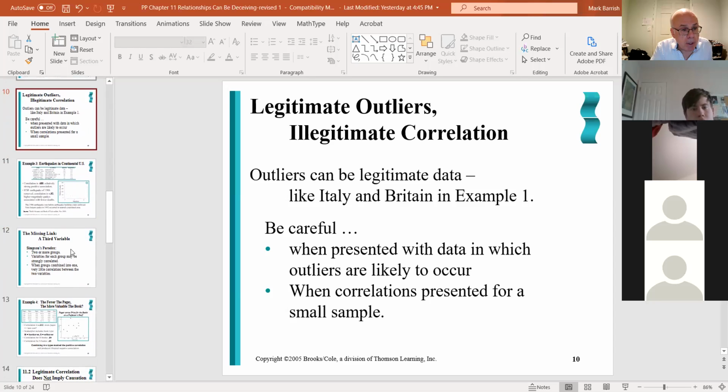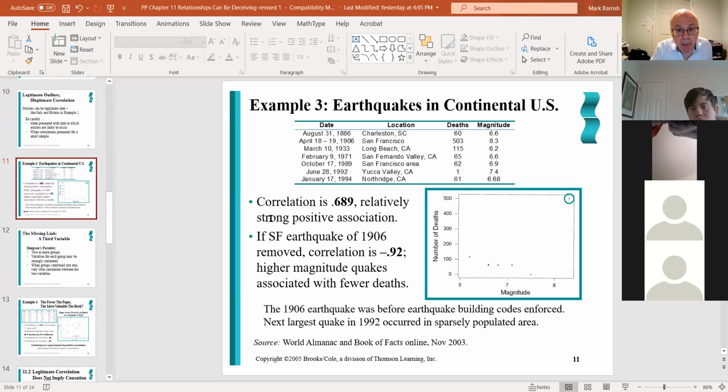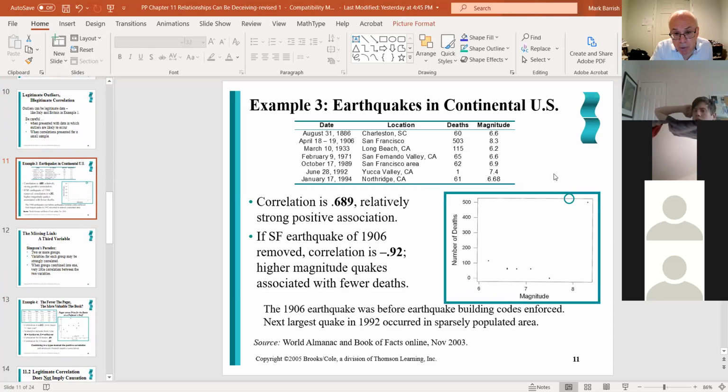Look at this one here. Here is earthquake data, where the magnitude of the earthquake is the independent variable, the x variable, and the number of deaths is the y variable. And here are some cities where there were major earthquakes. Notice it looks like it's trending down, which is interesting.